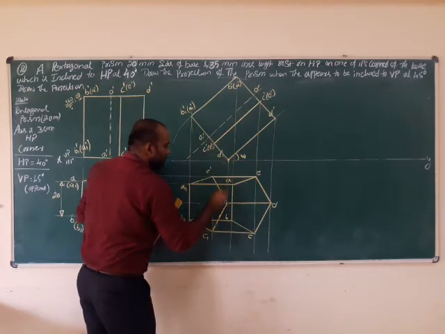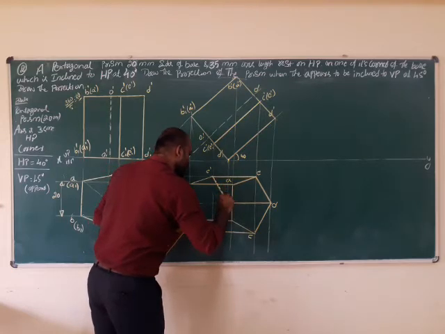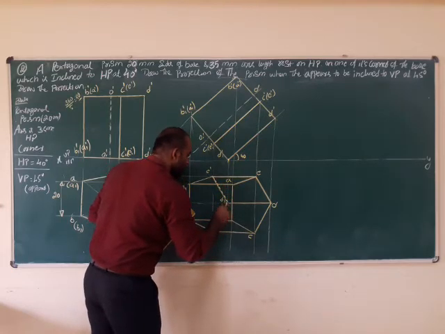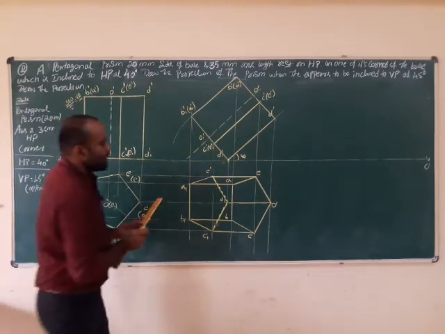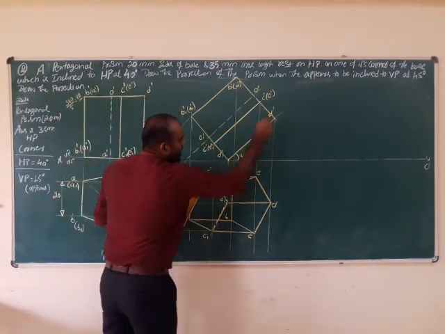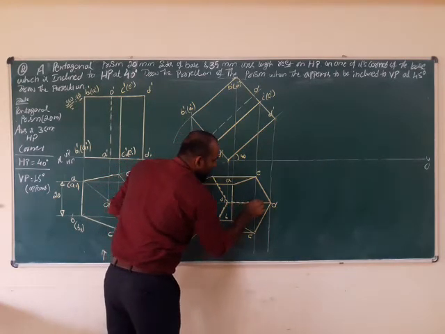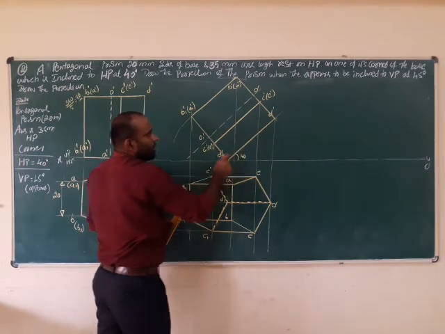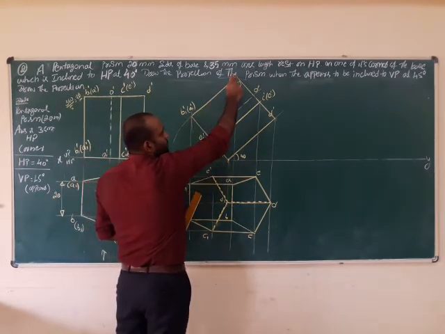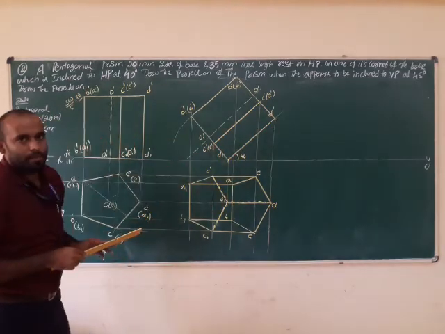D and E is also a dotted line. Next, D and D is also a dotted line. Invisible line. From the top view, this line is not visible. The point is visible, but this point is not visible. That's why you have to draw dotted line.